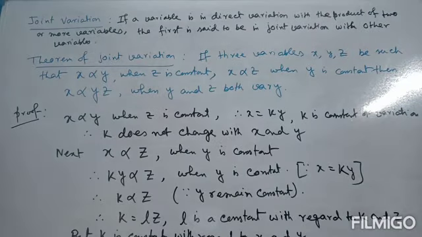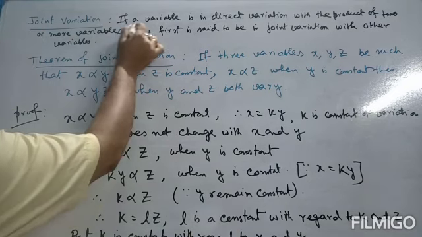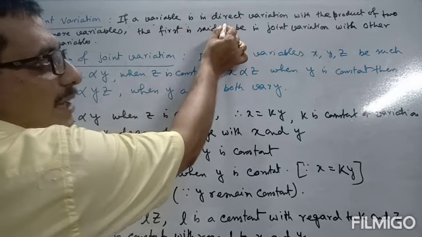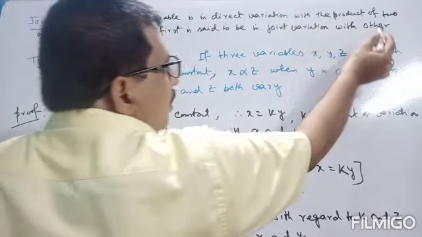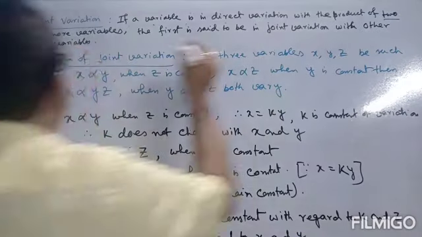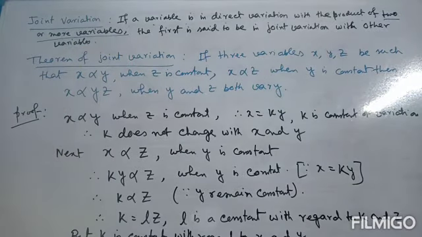Next, joint variation. First, we study what is joint variation. Joint variation: if a variable is in direct variation with the product of two or more variables, the first is said to be in joint variation with the other variables.